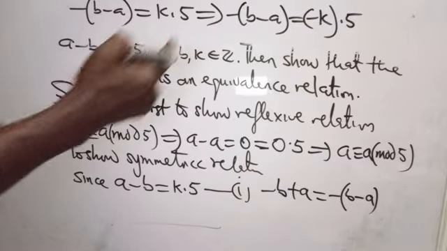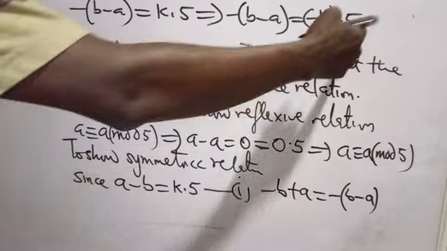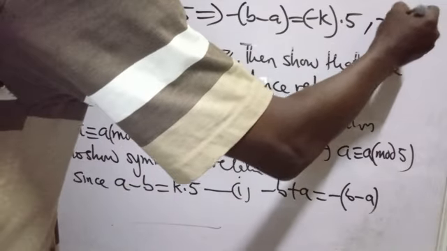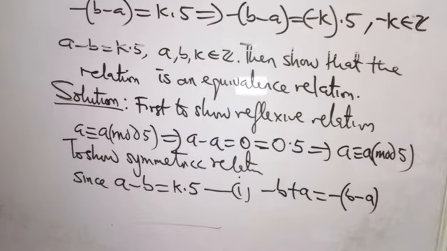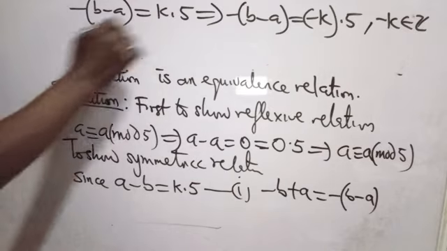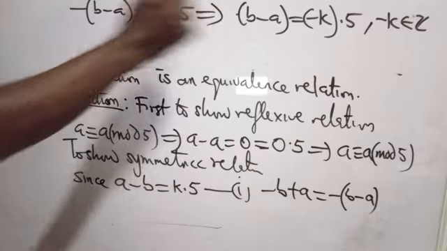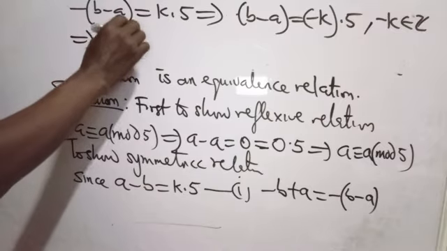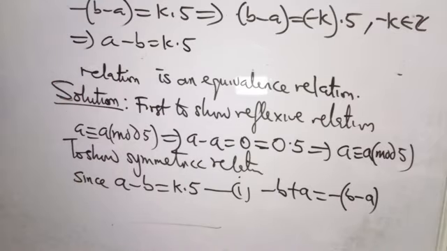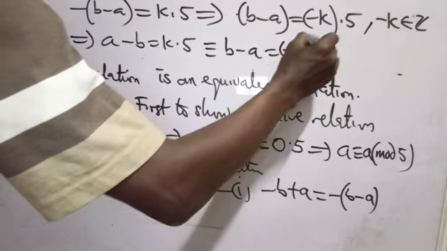Multiplying both sides by minus, k assumes a minus sign. And you know that −k is an integer, because an integer can be negative or positive. Don't forget this minus disappears as soon as you multiply by it. So that implies a − b, which is k·5, is equivalent to b − a, which is −k·5.